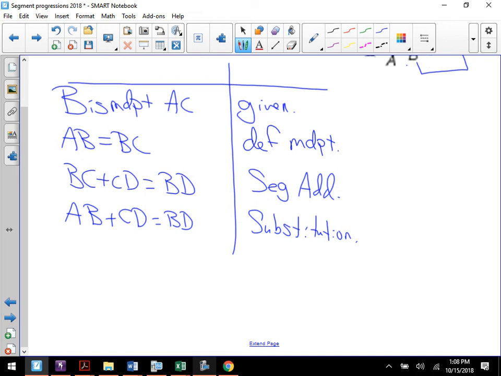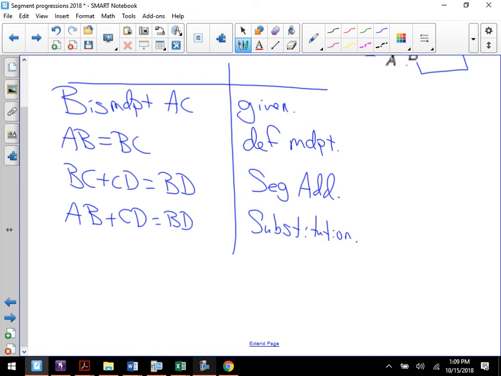Yes, ma'am. Okay, I'm a little confused because you went from BC to AB. Are AB and BC the same? According to that proof? Oh, okay. And that's why we can do that. Anytime you have 2 things that are equal to the same thing, they're equal to each other.